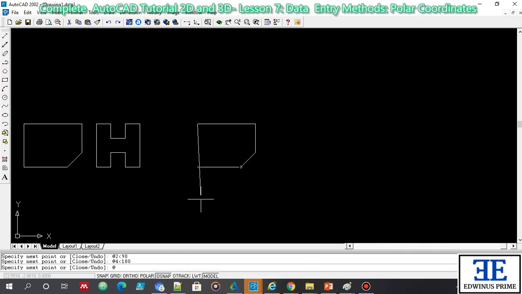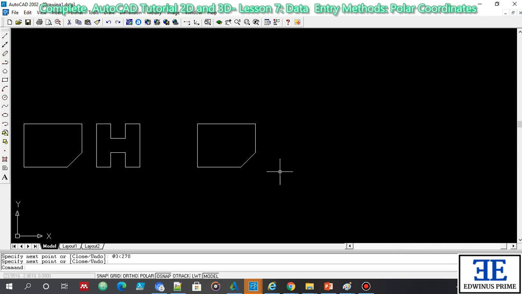So at 3, angle 270. The angle is 270 degrees. Maybe it goes downward. So enter. So we now have the same figure drawn using the polar coordinate method.